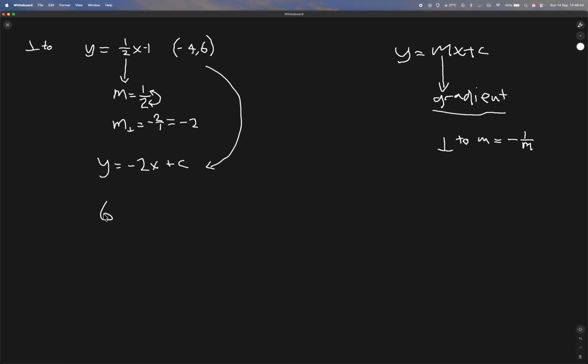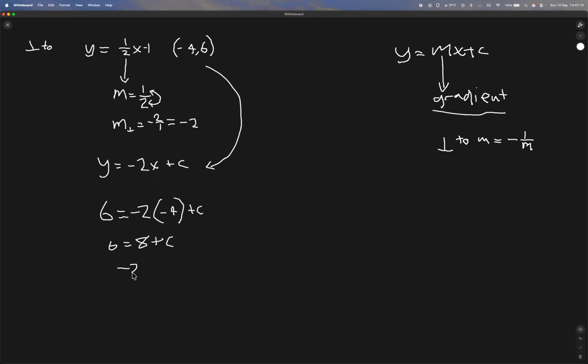So now we're going to put in our x and y points. So 6 is equal to -2 times -4 plus c. So -2 times -4 is 8. 6 is equal to 8 plus c. So now we are going to minus 8 from both sides.